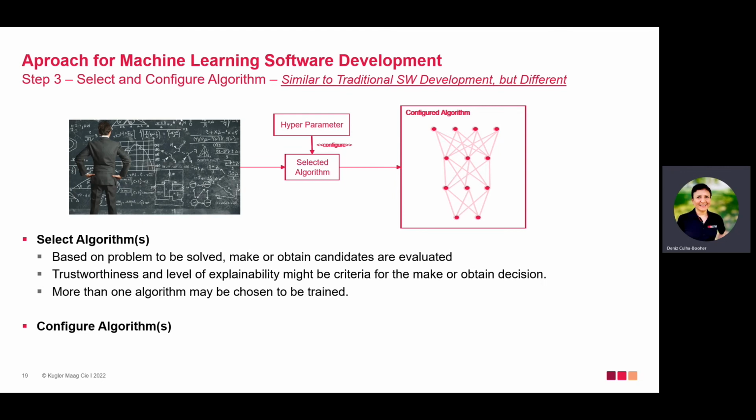Here we figure out what the options are and come up with criteria. How are we going to choose which algorithm to use? There are considerations of trustworthiness, which is a big word. How do you come up with the trustworthiness of this algorithm? And then there is explainability.